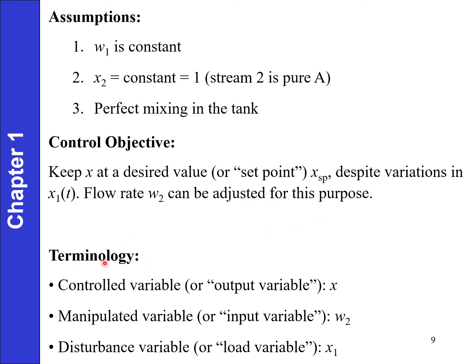The terminology in this example is that the control variable or output variable is X, the manipulated variable or input variable is W2, and the disturbance in this system, the load variable, is X1.